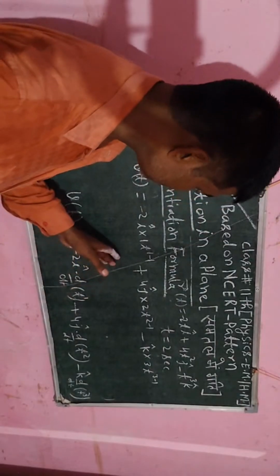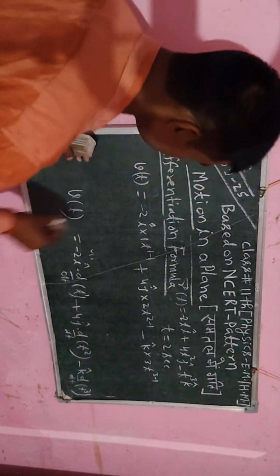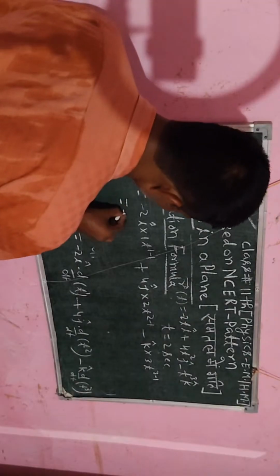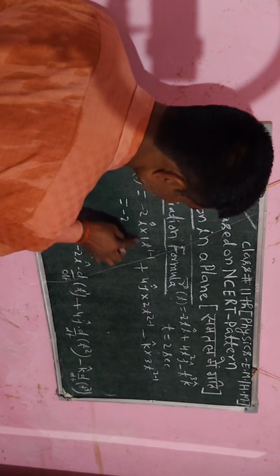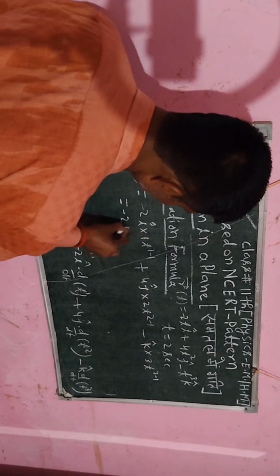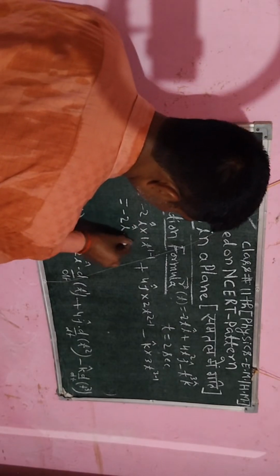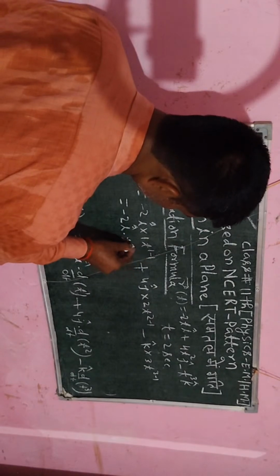Further I will simplify, and after simplifying I will write 2 into vector i cap into 1, that will be 2 vector i cap, and t to the power 1 minus 1, that will be 0.